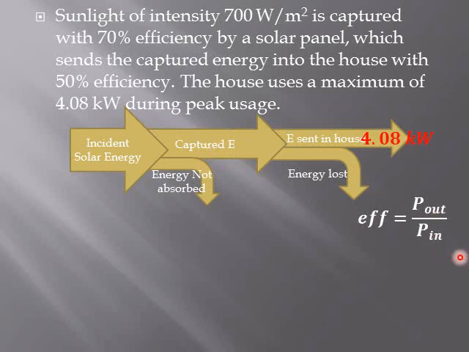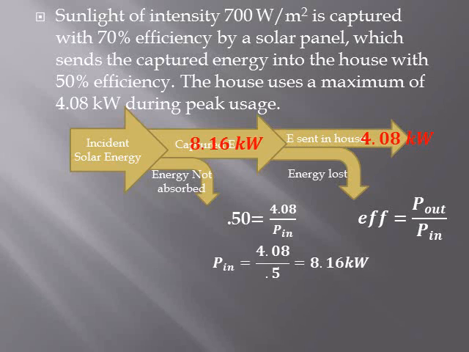So out is this amount, in will be the amount going into this process. We know the efficiency from here to here was 50%, right? So using this equation, we plug in our numbers with 50% efficiency, rearrange, and we get 8.16 kilowatts. So that is the amount of energy captured, right?